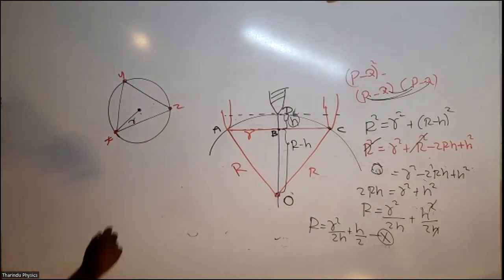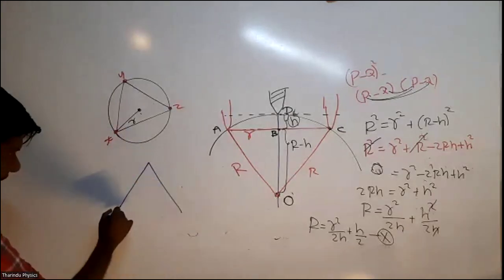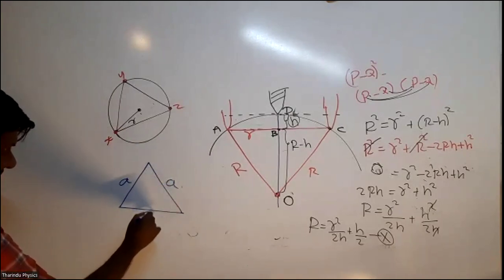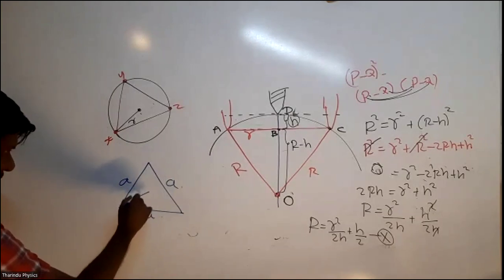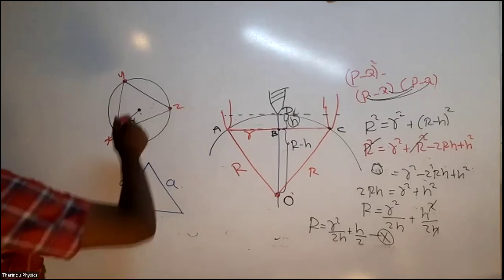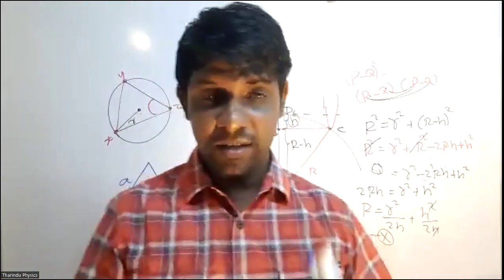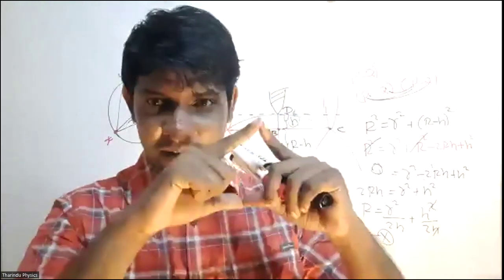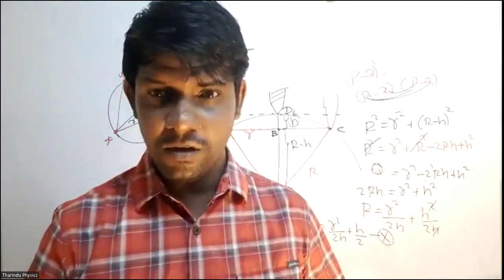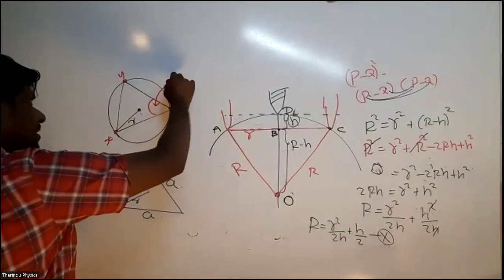Now let me draw that triangle only. Each side is A, this side is again A, this side is again A. Your radius is over there. Now what is the angle of an equilateral triangle? Because it is a triangle, the sum is 180. Equilateral means all the angles are equal, so it's going to be 60 degrees.